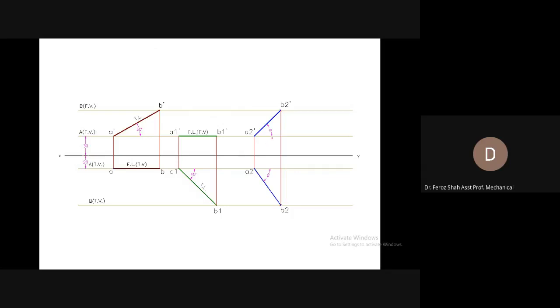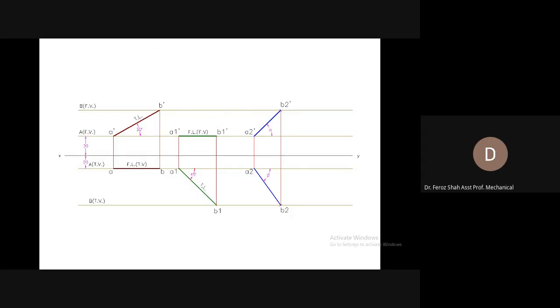You can see that finally the inclination of the front view would appear greater than theta, and that apparent angle would be called alpha.